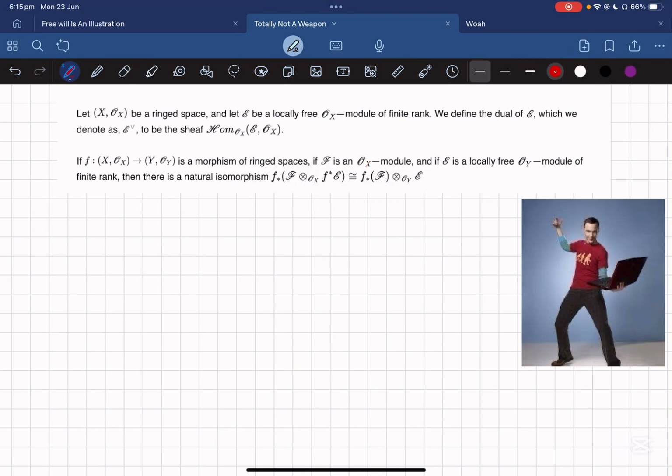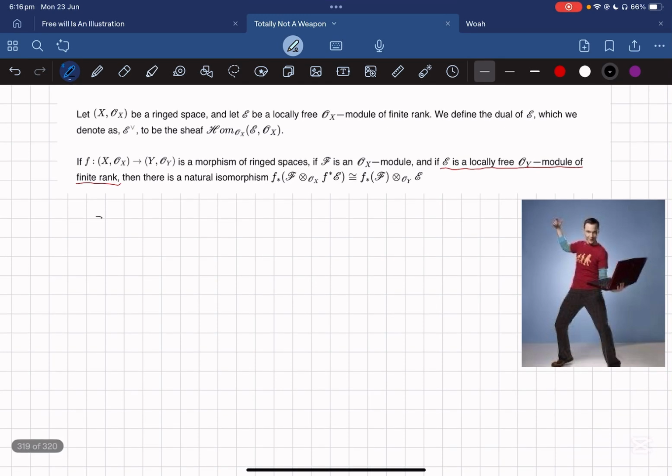Now, we need to take out some crucial information here, and I'm going to highlight it. E is a locally free Y-module of finite rank. This is extremely important for one or two reasons, and it's crucial to both the solution and also a trivial result I would like to go through.